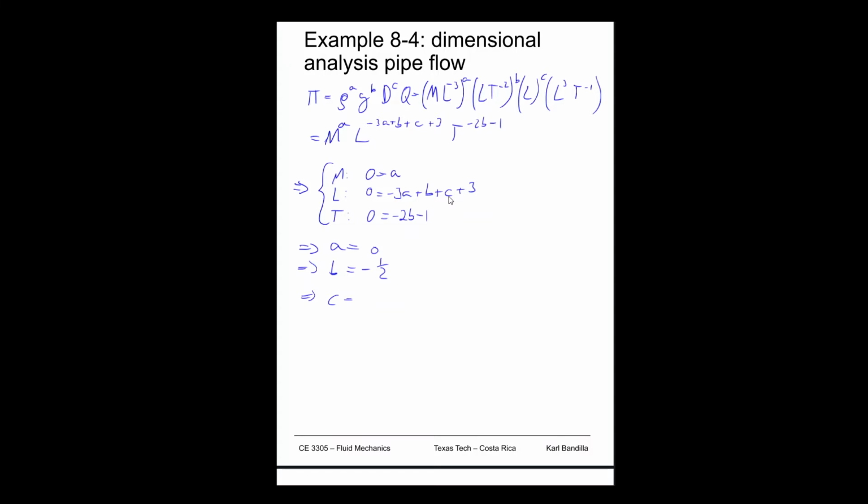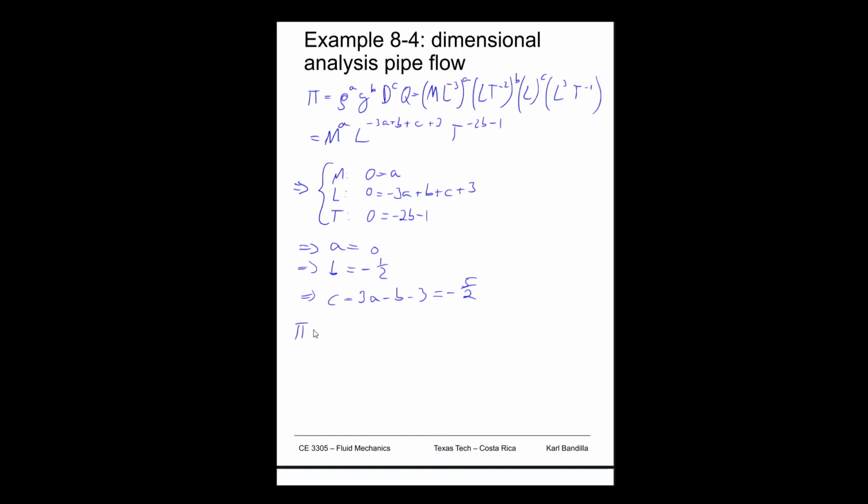Bring C over here, so it would be 3A minus B minus 3. And what is that? A was 0, so we have minus minus 1/2, so plus 1/2. Minus 3 is minus 2.5, so minus 5/2. All right, so now we have all of our coefficients.